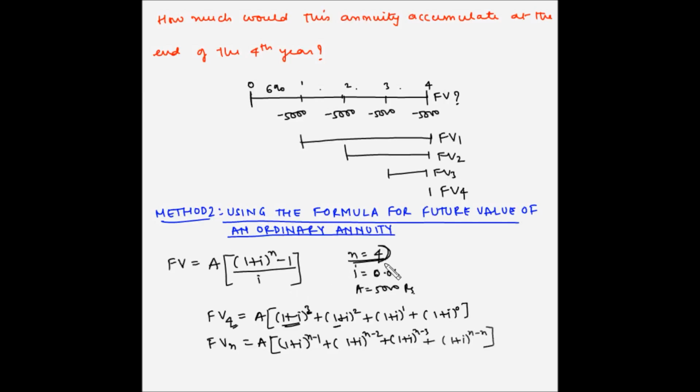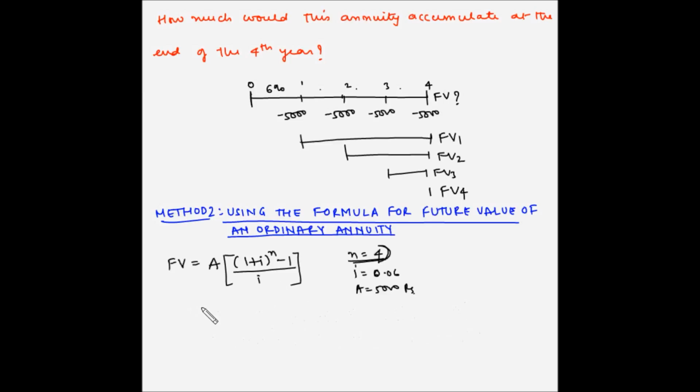So here N is 4, I is 0.06, and A is 5,000 rupees. So let's plug in these values into this formula. So 5,000 into 1 plus 0.06 to the power N, which is 4, minus 1 divided by I, which is 0.06.